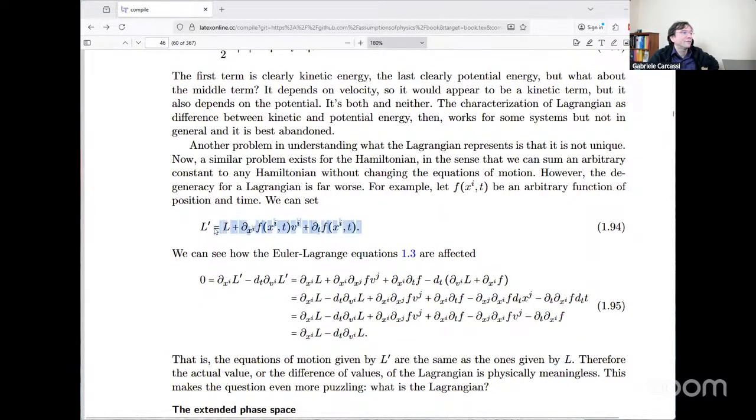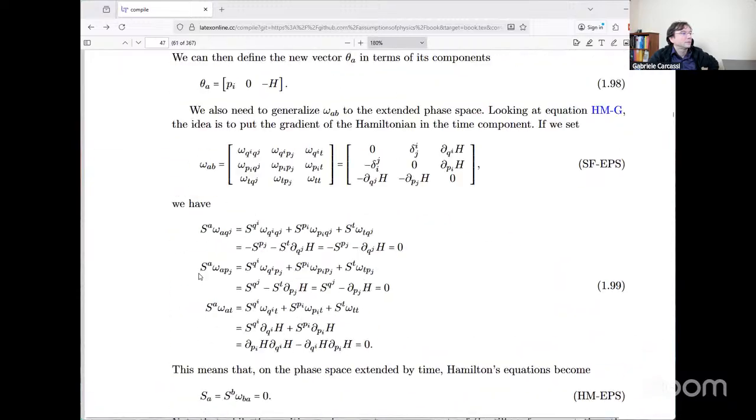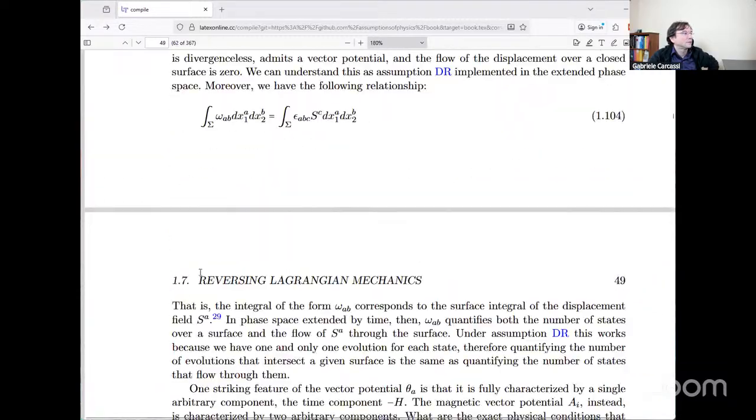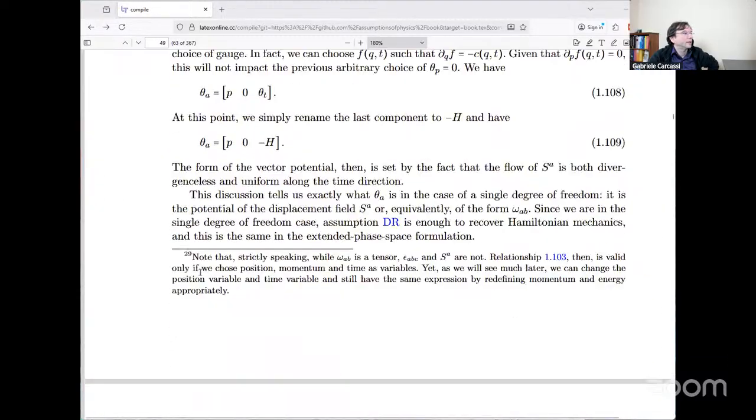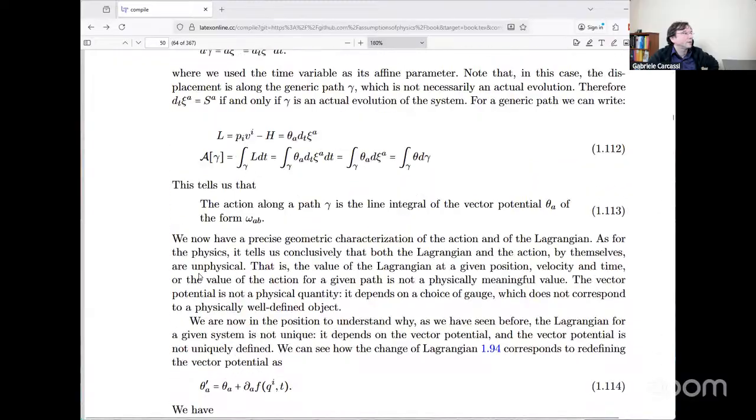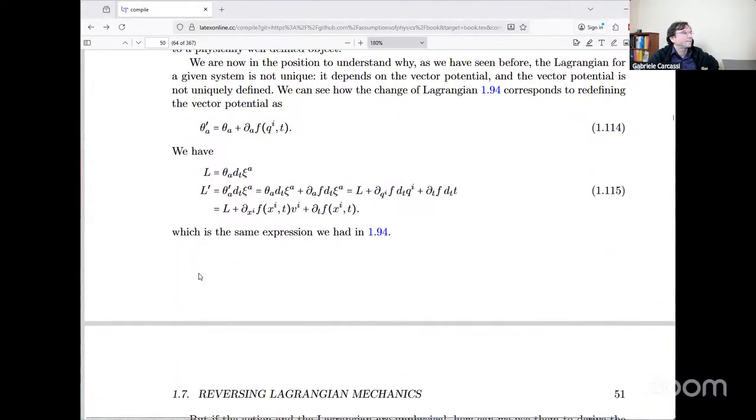Where we were redefining the Lagrangian. So this thing is precisely because L has a vector potential, and we are just making a gauge transformation. So we can go back to where we were, which was here.